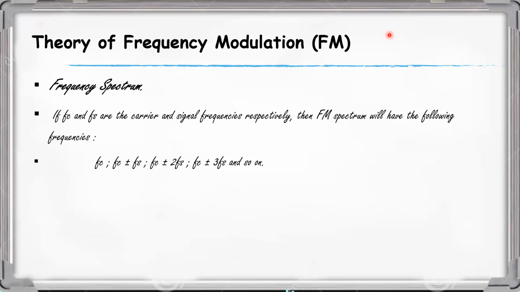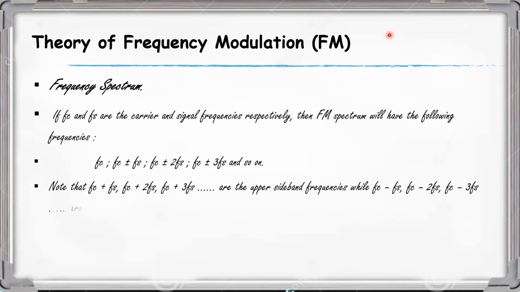If we draw the spectrum, there is a central frequency Fc, and on both sides a number of frequencies in the upper sideband and lower sideband.